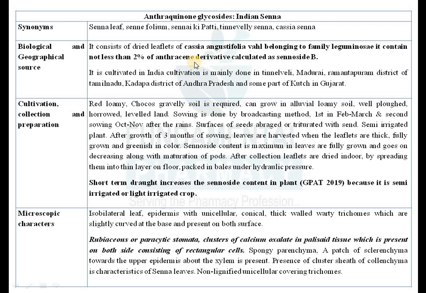Now what is the biological source of this Indian Senna? It is nothing but the dried leaflets. Here you should know the difference between leaf and leaflet. You can read about leaves and leaflets from the books. Leaflets are in pairs, while a leaf is a single entity. If you take neem leaves, see how they are in pairs, one with another. Neem is not a leaf, it is a leaflet. And if you take another plant's leaf, for example Vasaka, that is a leaf.